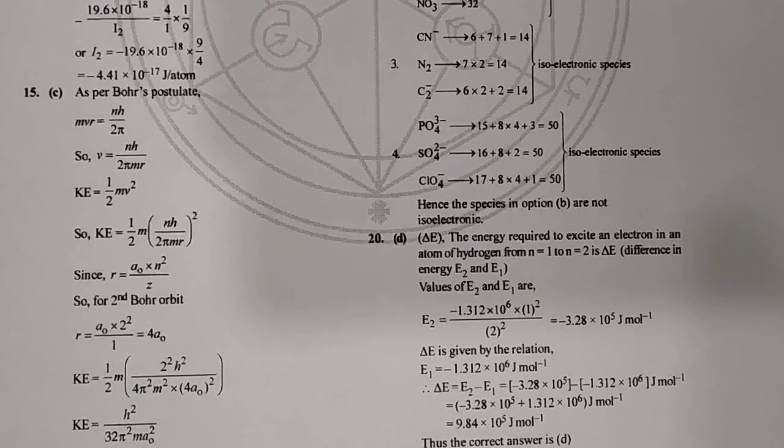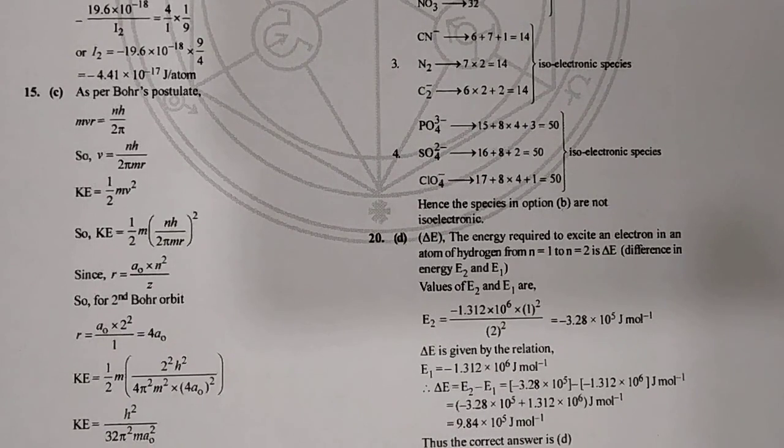Simplify. E1 is equal to minus 1.312 into 10 to the power 6. So delta E is nothing but E2 minus E1. Simplify कीजिए, and your answer is 9.84 into 10 to the power 5, means D Delhi is your right answer.